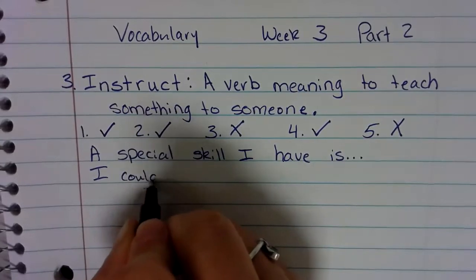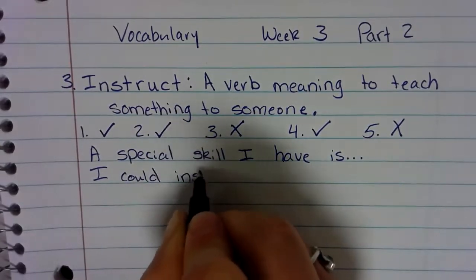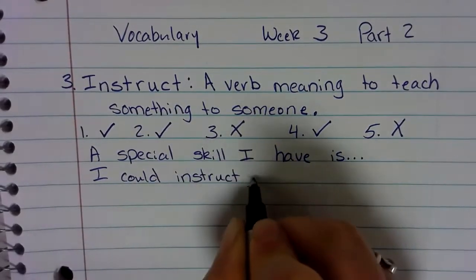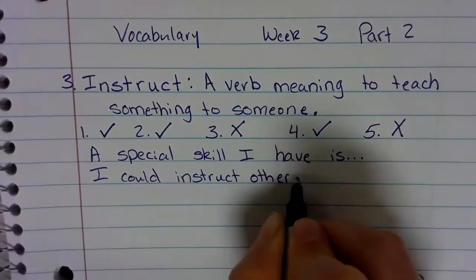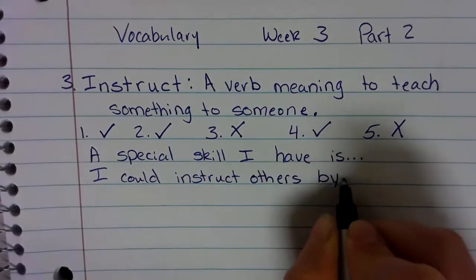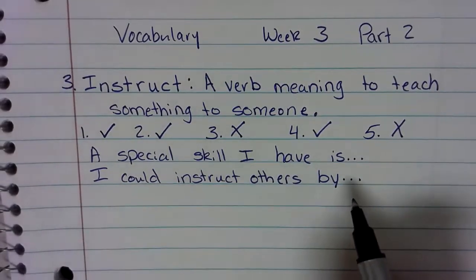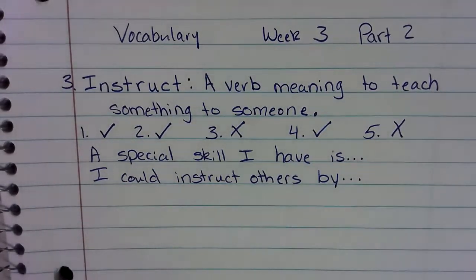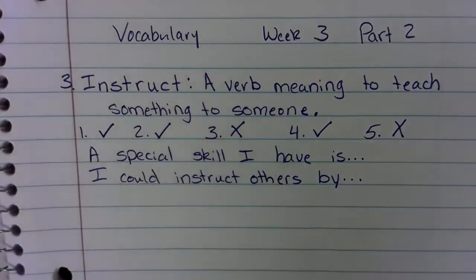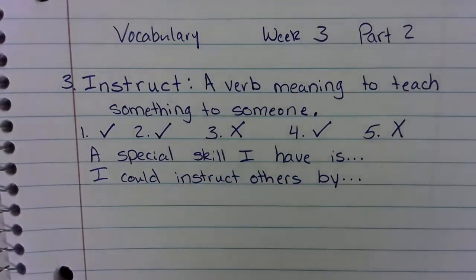I could instruct others by. So tell us your special skill and tell us how you could instruct others in that same skill. Pause the video if you need more time. Would like a really nice detailed sentence.